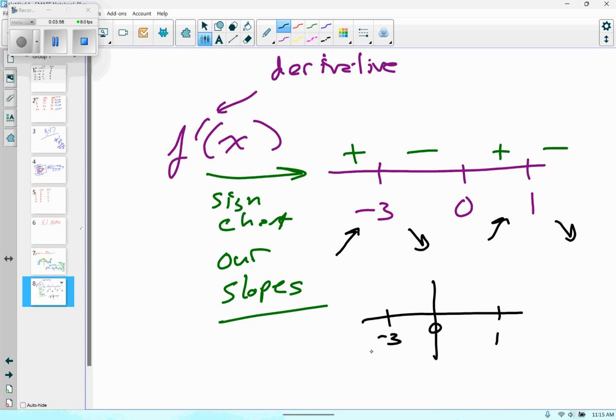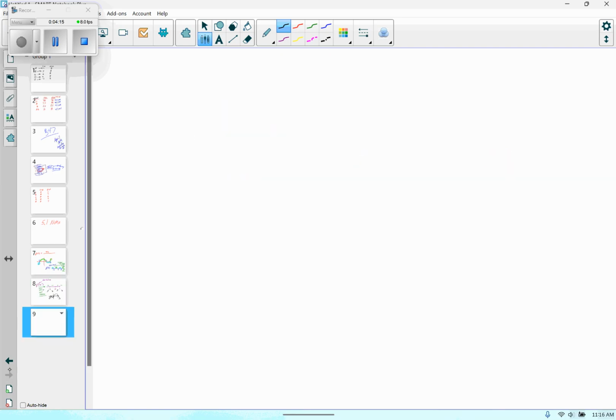So this basically comes up something like this. So this could be kind of a very rough sketch of what the graph is doing. So the big difference between the two is if you have a sign chart of this, this is the original.